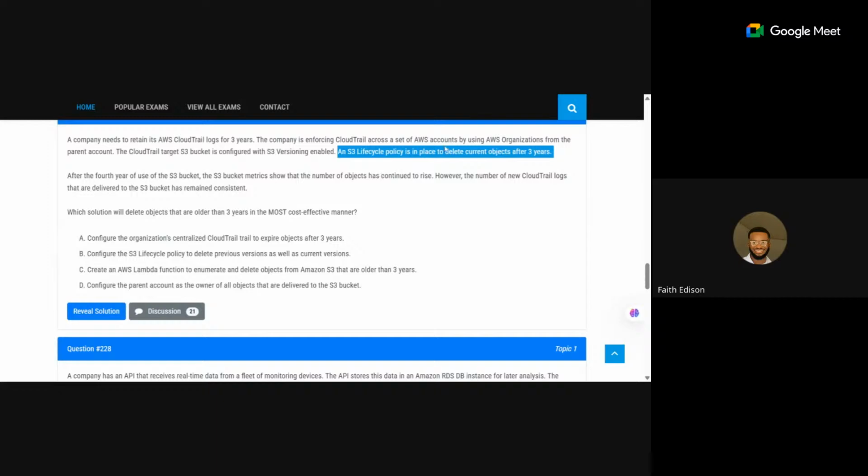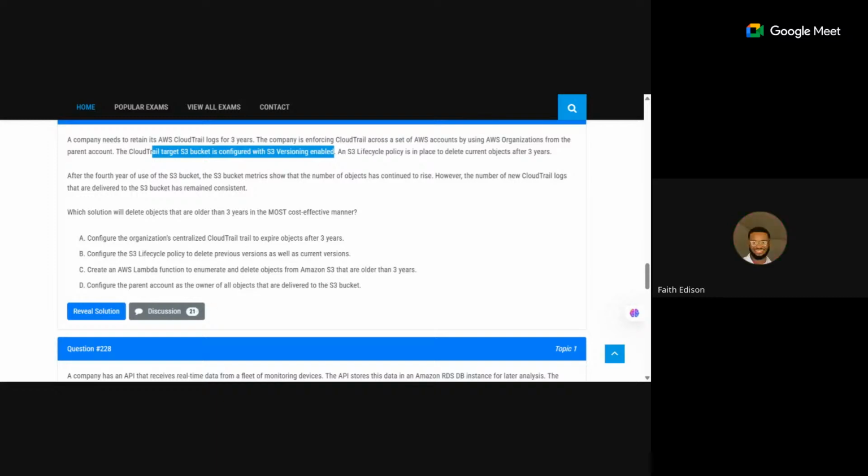Okay, because this one is in place to delete current objects after 3 years, they're having an issue with the previous objects. The fact that versioning is enabled also tells us that there will be some duplicates. Yeah.